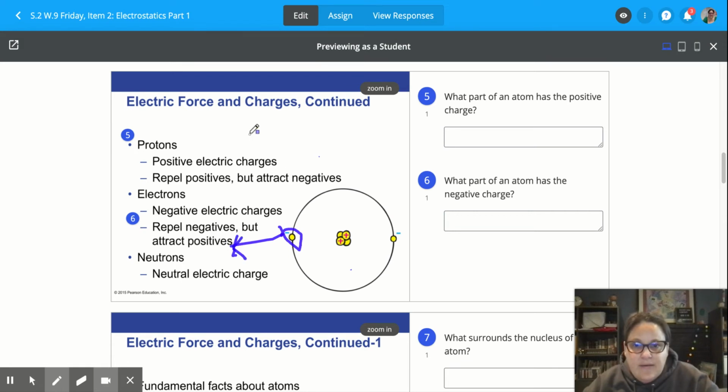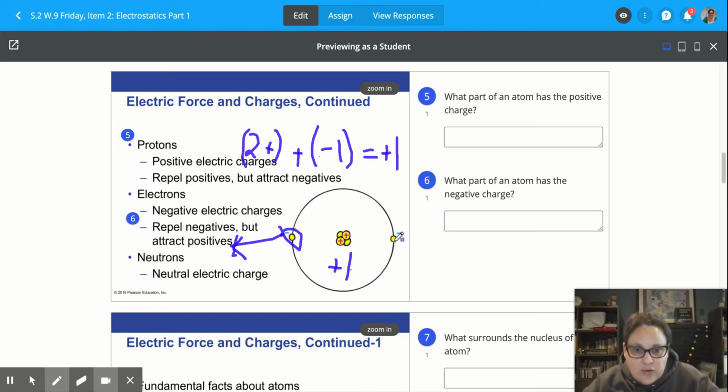Then we have 2 protons and only 1 electron, which means that the sum will be +1. So this atom would be an ion, and it would have a charge of +1.